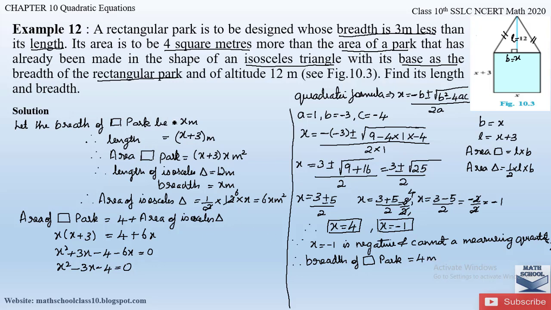Now if the breadth is 4 meters, what will be the length? That is, length is x plus 3 meters. Therefore length of the rectangular park is x plus 3, what is the x value we got here? 4 plus 3, that is equal to 7 meters. Therefore the length is equal to 7 meters and breadth is equal to 4 meters of the rectangular park.